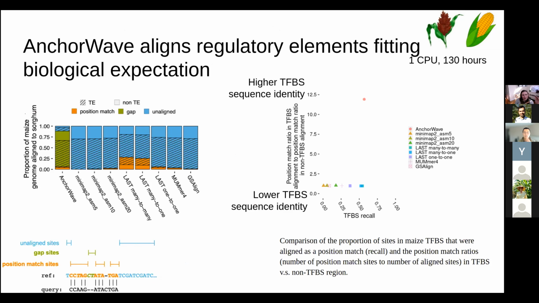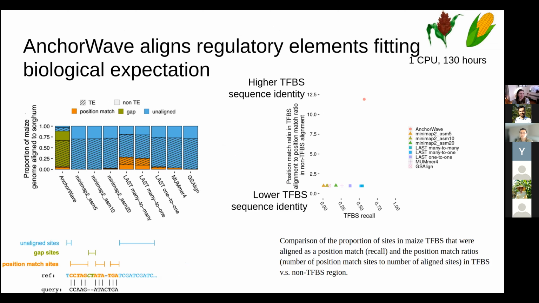Okay, so this is the anchor part, but now we want to do the wave part, the actual base pair alignment of maize and sorghum genomes. Here I'm going to present two biologically informed prior expectations of how a sequence aligner should work.